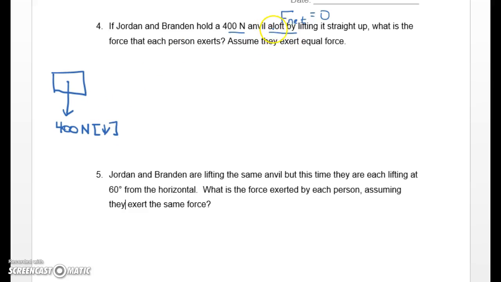And if we're holding it in the same place, that means that we have a net force of 0, which means that the force that's pulling up, the normal force, is also equal to that gravitational force, which is 400 newtons. We can even write this out. I'll put a star here: your overall net force is equal to 0 because it's being held still.